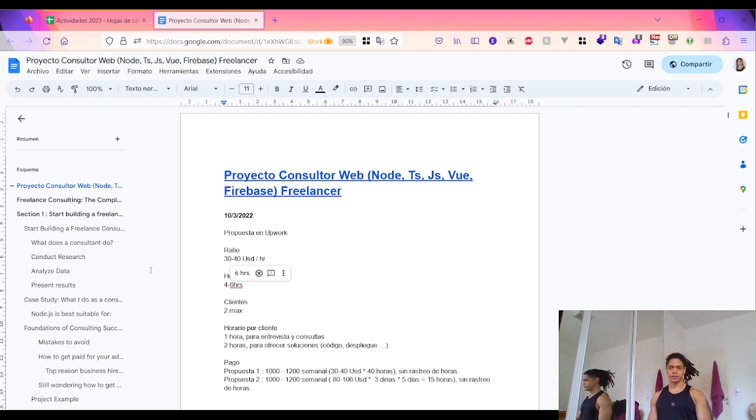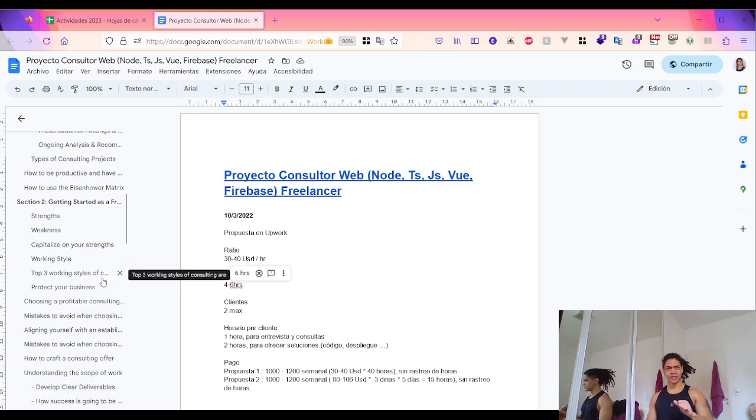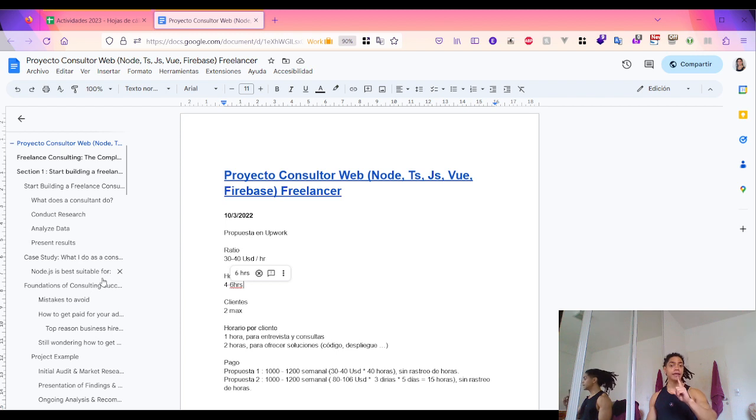And the funny thing of this is that I went over all of these four models, where the first is looking at how to get started building a freelance consulting career.